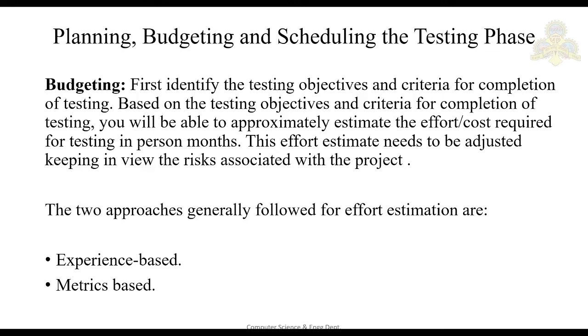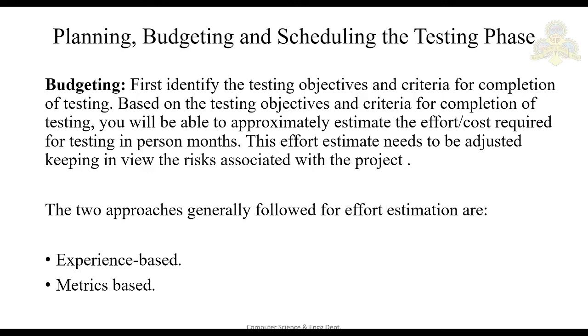What happens in an organization is that the effort estimation is based on past experience. The experts might have worked on similar projects and earlier estimated the effort. That is purely based on their gut feeling. Since they are experts, their estimates tend to be reasonably accurate.